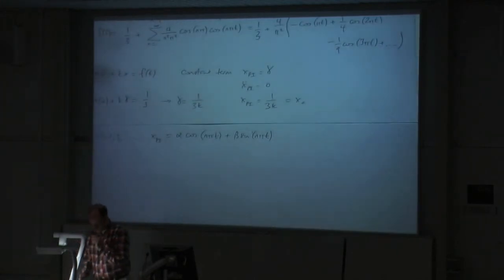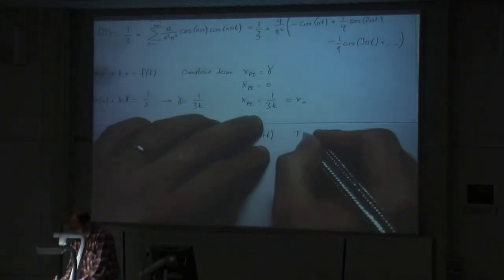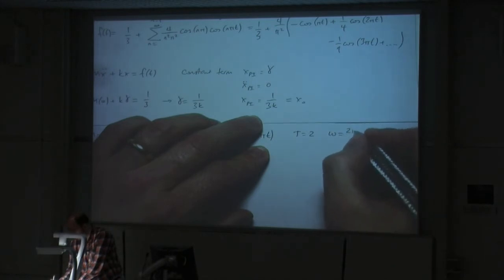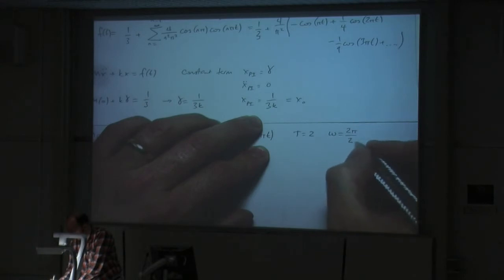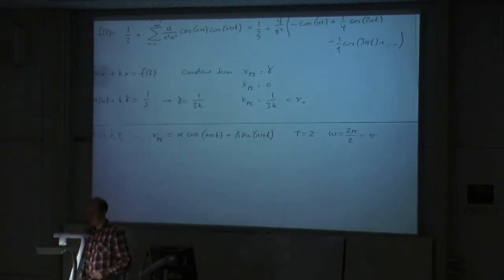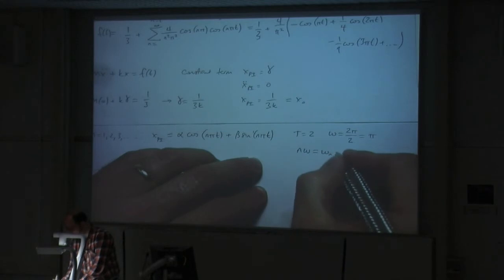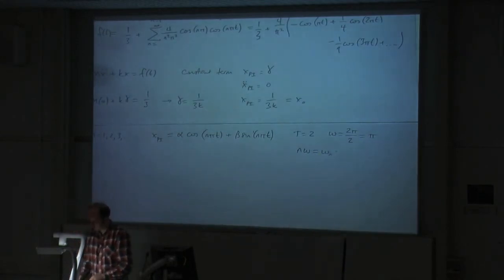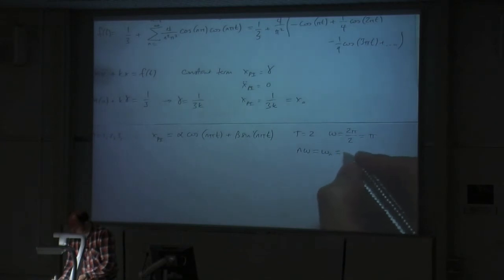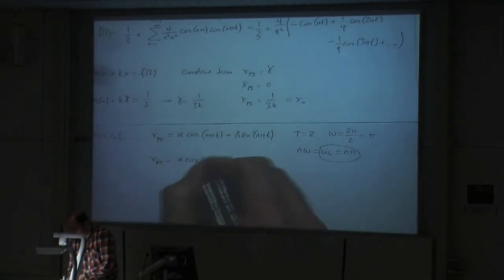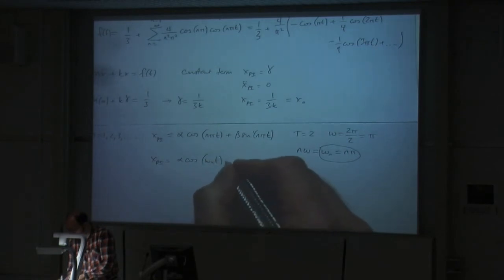I'm going to make one quick substitution though. We know that T equals 2, yeah? So omega is going to be 2 pi divided by 2 equals pi. And the other substitution I'm making is if we say that n omega is omega n, okay, so we can replace n pi with omega n. So that's what I'm going to do. It just makes it easier to write, and makes it more recognisable as well.